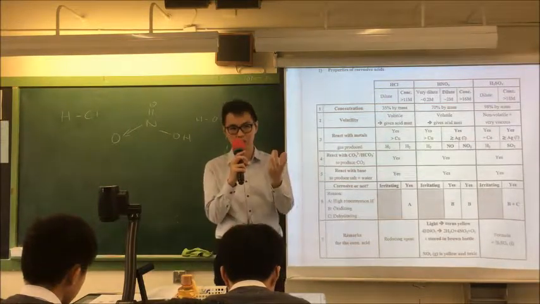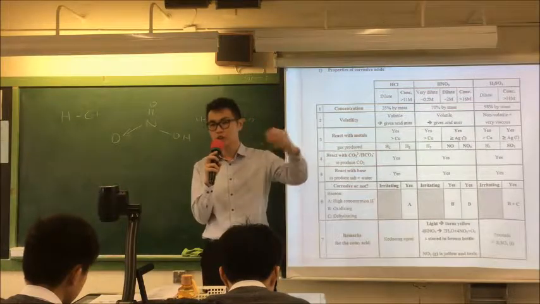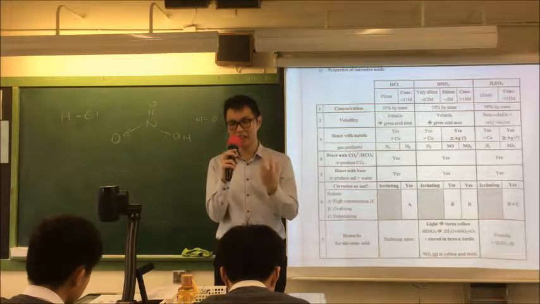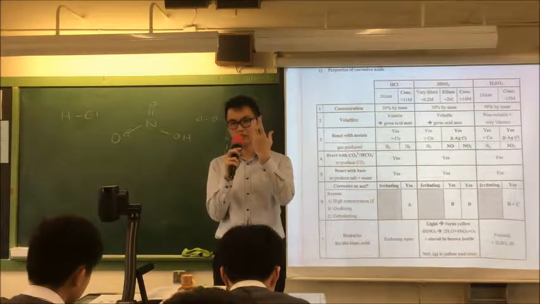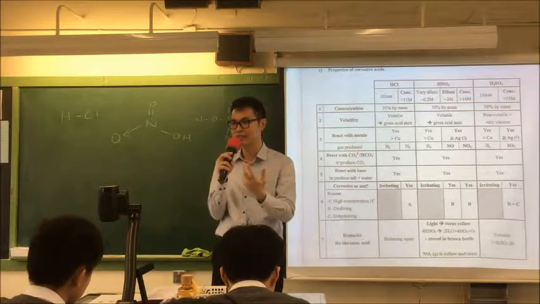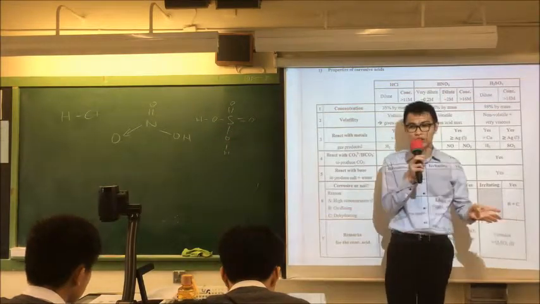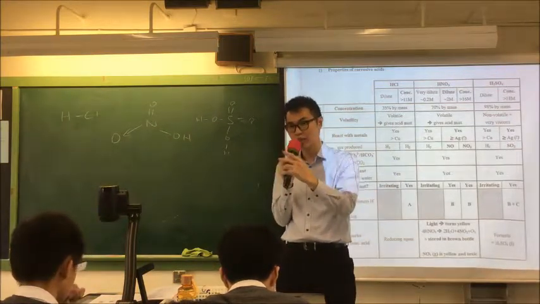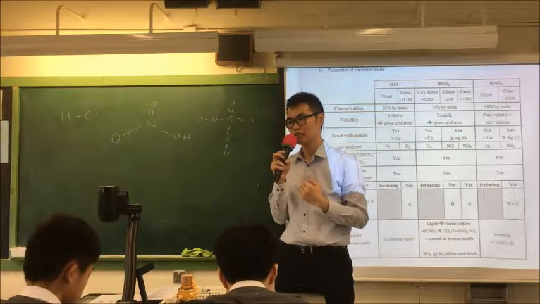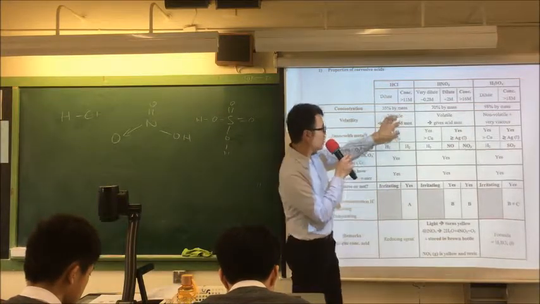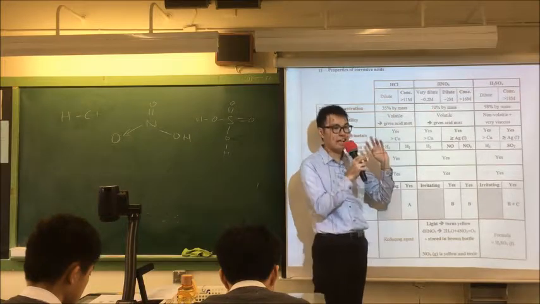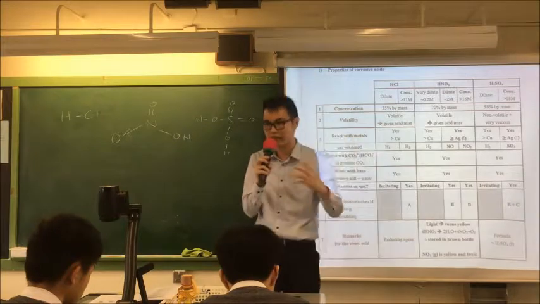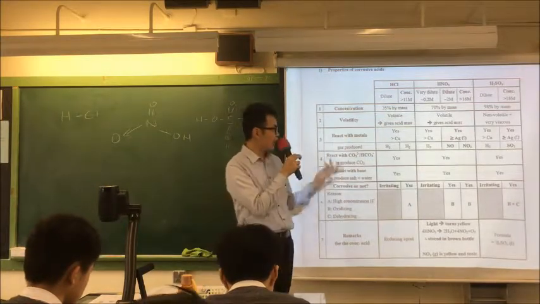When you have a bottle of HCl solution, you can smell a very acidic smell, because HCl molecules evaporate from the solution. But for concentrated H2SO4, you cannot smell an acidic smell. Since these two are volatile, they can give acid mist.